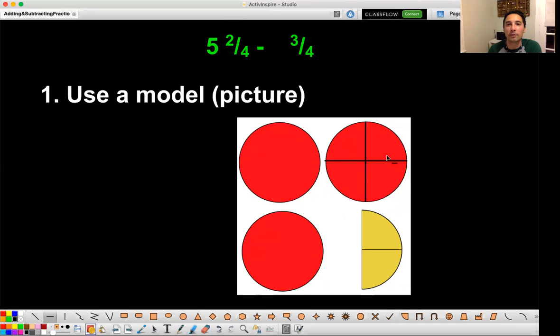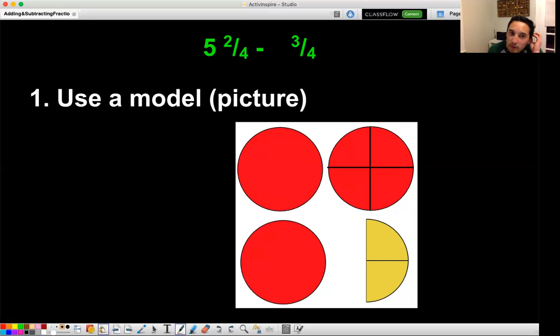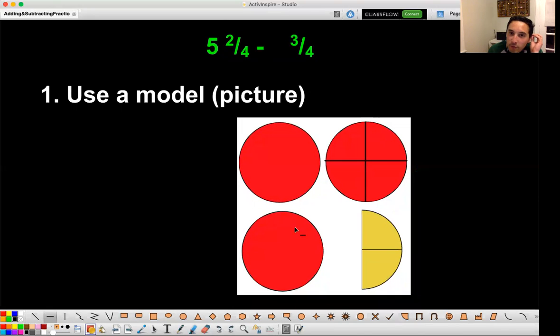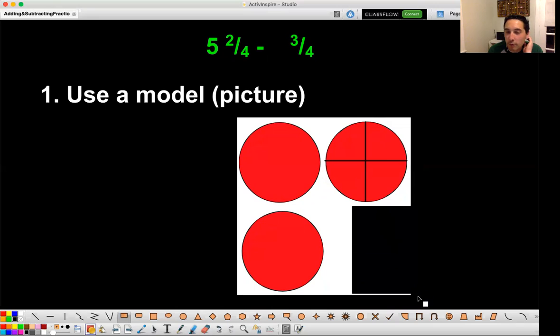Now I have 1, 2, 3, 4 pieces. So that's showing fourths. So now I can take away my 2/4 that I did before. These 2/4 are gone. I need to take away 1 more fourth to get 3/4.